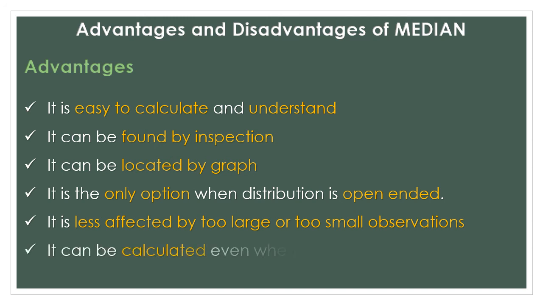It can be calculated even when certain data is missing, just like in the latest illustration I taught you, the A, B, C, D data was missing. Still, we could calculate the median salary of the employees using the central value of the data, which was actually there. So when the beginning or the end data is missing, we can still calculate the median.